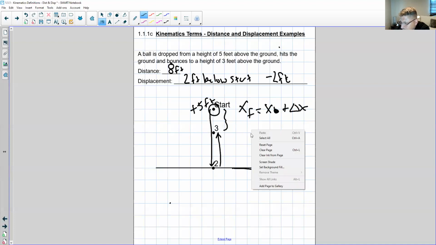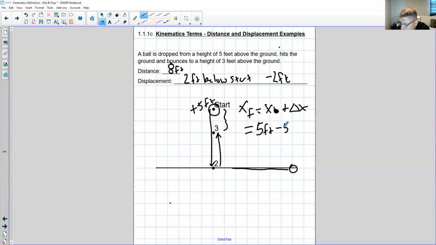So our final position is equal to, now our initial position would be 5 feet, and then our first motion takes us down 5 feet. And then our last motion brings us up 3 feet for a final position of positive 3 feet. And this would be above the ground.